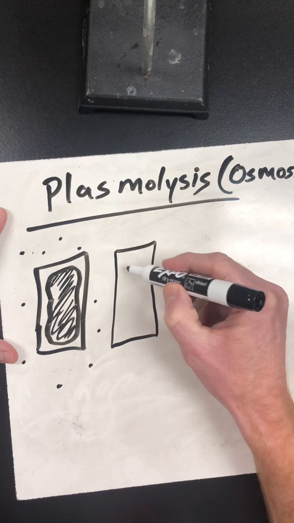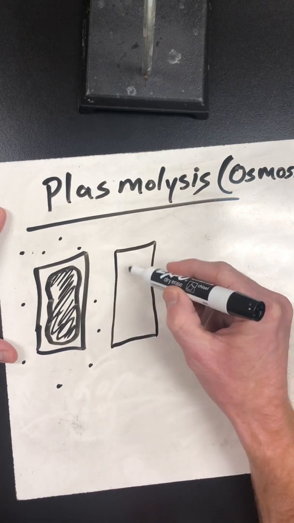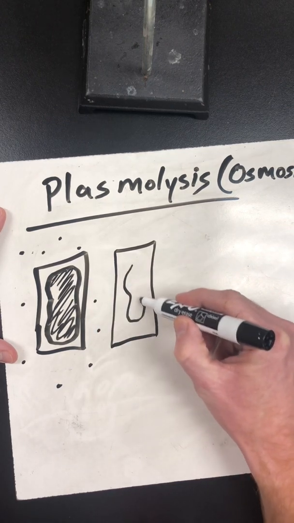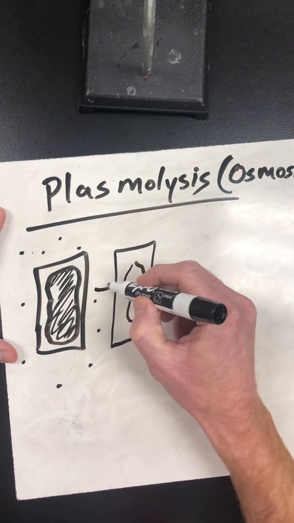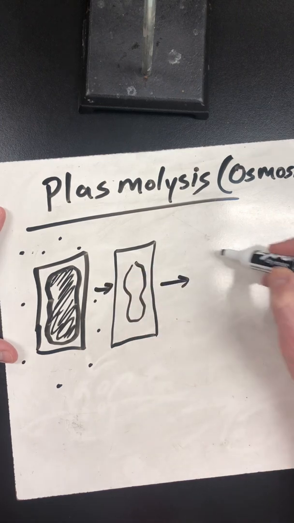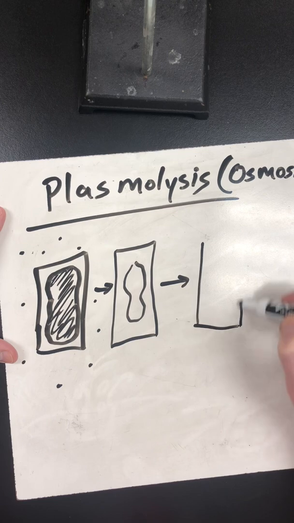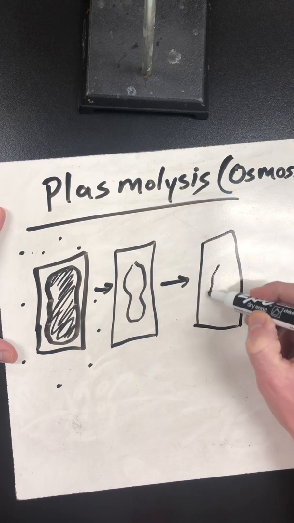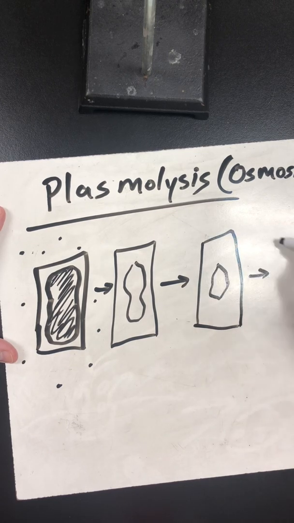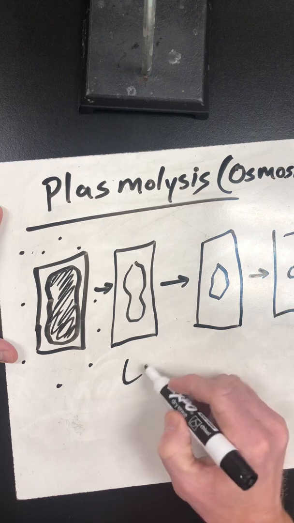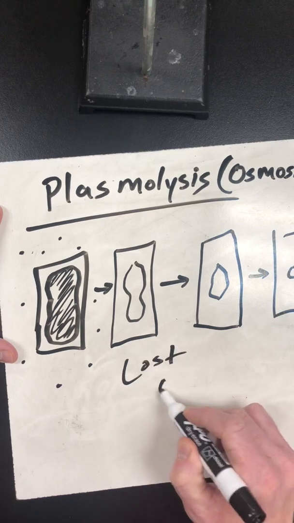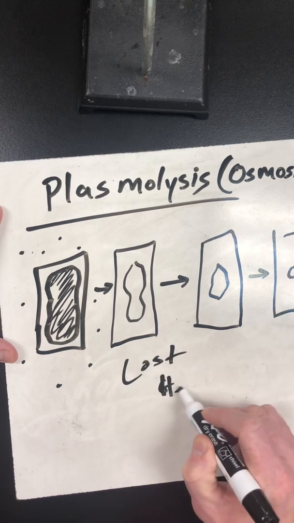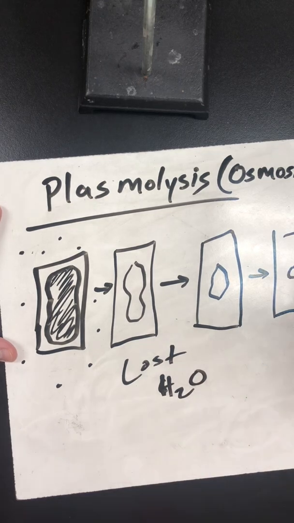So you're going to see something that looks like this. This cell membrane and vacuole starts to get smaller and smaller and smaller, okay? This is called plasmolysis, so this is pretty specific to plants. Okay, you may see it get even smaller, and then if it gets to something that looks like this, our plant is wilted because it has lost a bunch of water through osmosis, or water rushing out.